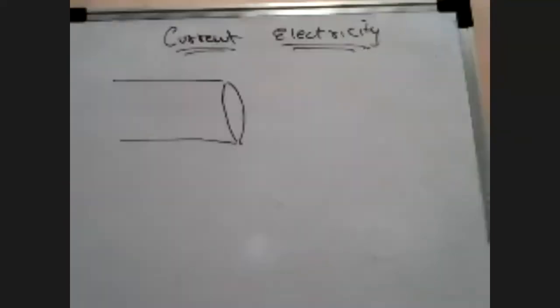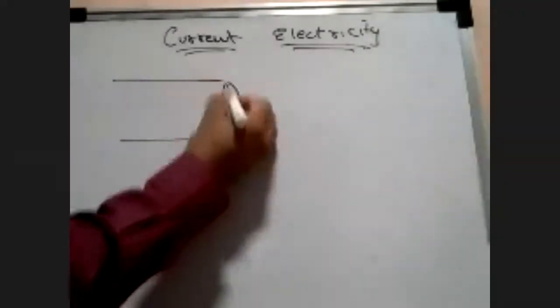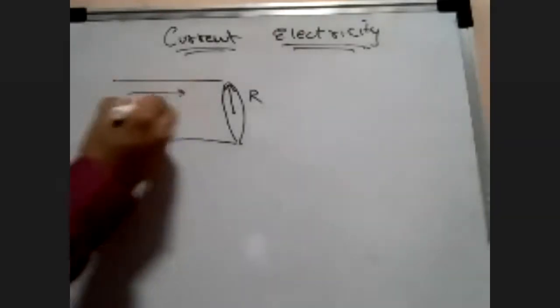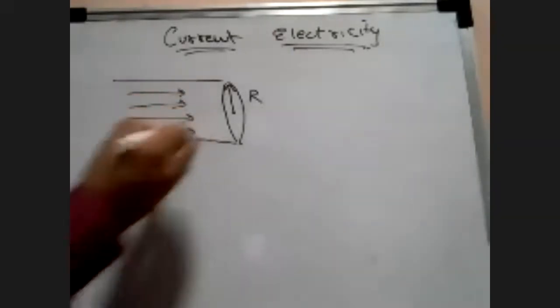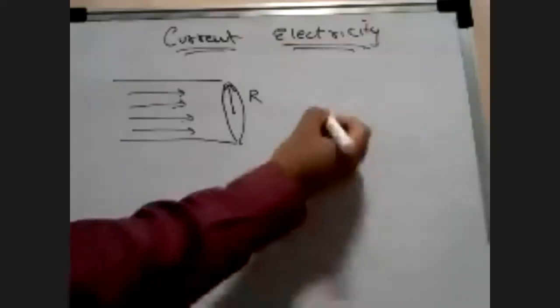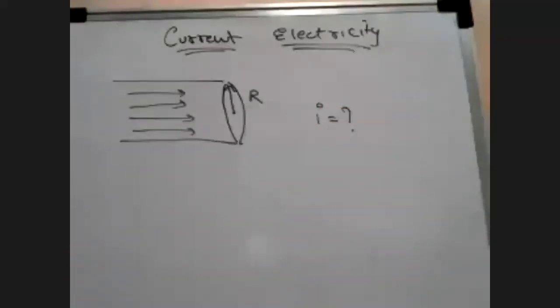It is having some radius, let's say capital R. If this is the current flowing through this wire, find out what is the magnitude of the current. Question is again, I'll repeat it. Determine the current through a cylindrical wire of radius R, if current density through the wire is uniform.